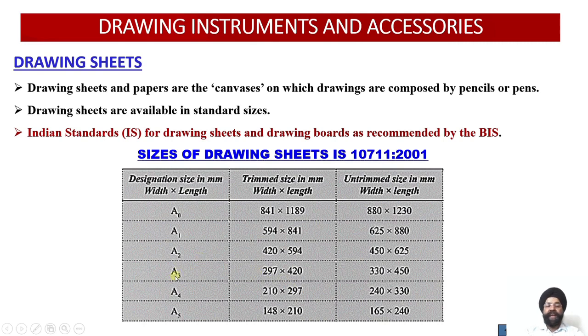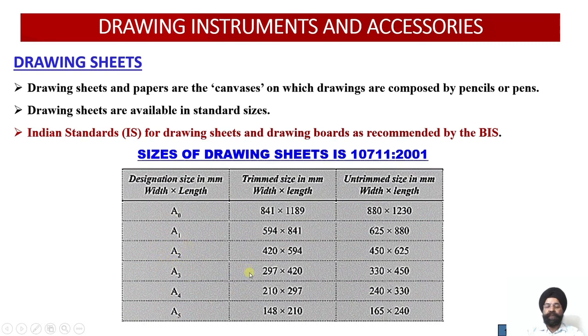Now if we arrange this A3 sheet along its smaller length, and multiply it twice, 420 is the bigger length and 297 is the smaller length. If we double the smaller length and put two sheets side by side, we get the formation of the A2 sheet.